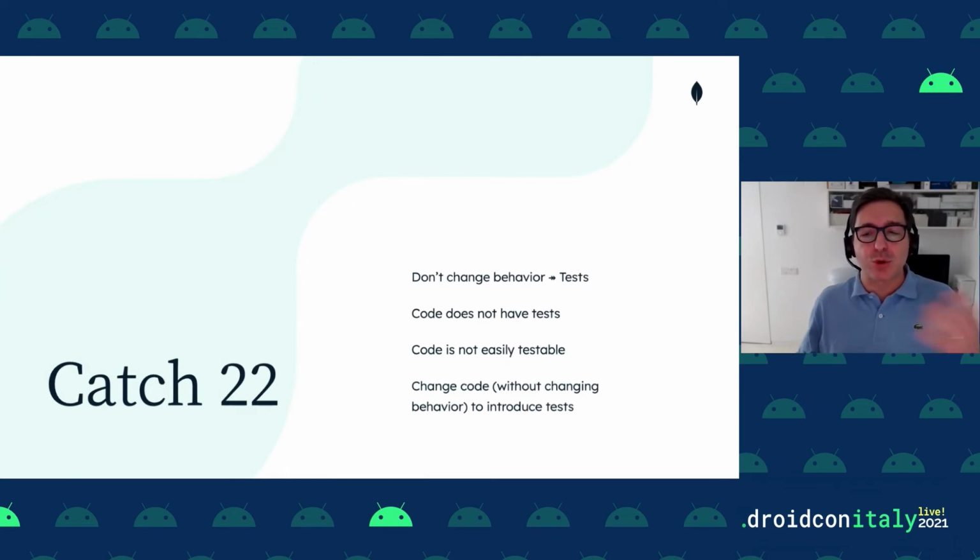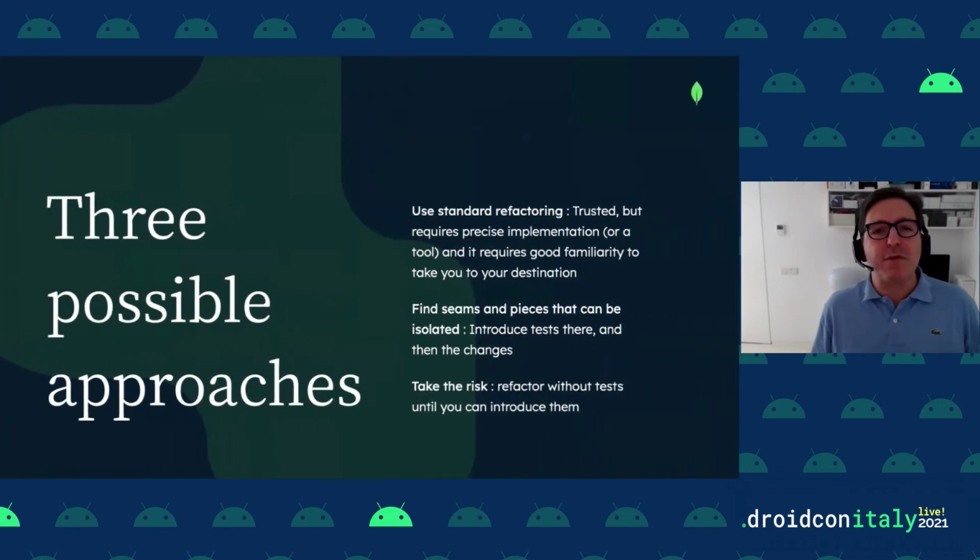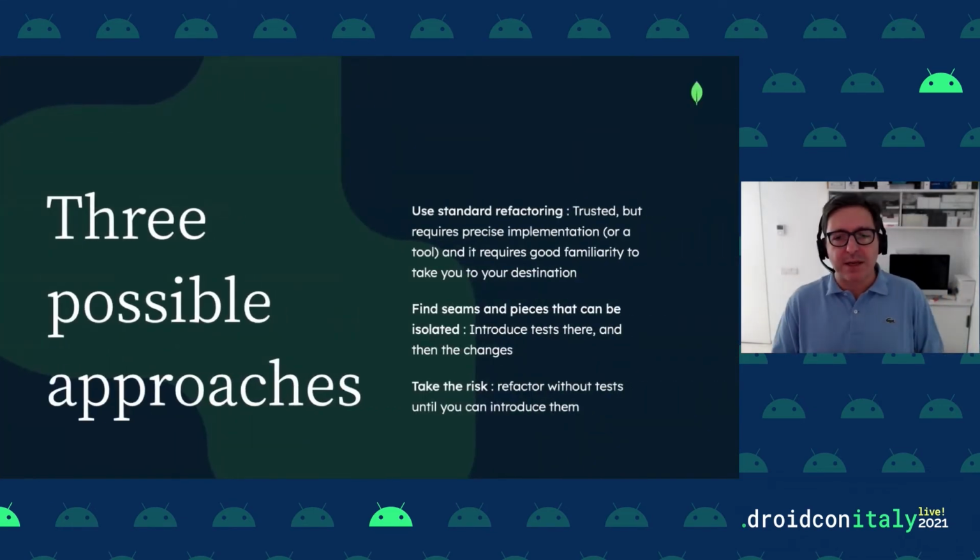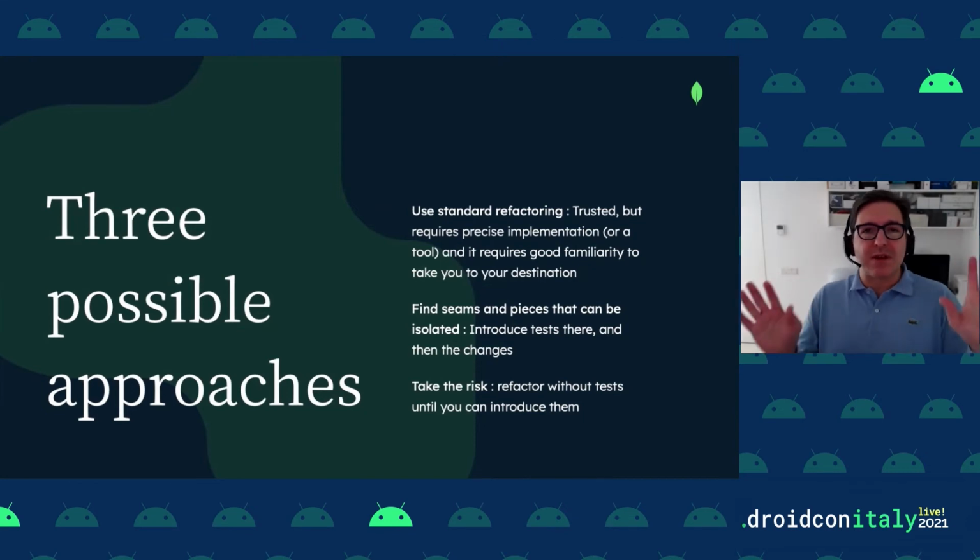So we change the code to introduce tests without changing behavior, which is not easy to verify because we don't have the tests in the first place. So again, try to be mindful about that. But you have three possibilities to solve that. You may want to use a standard refactoring.